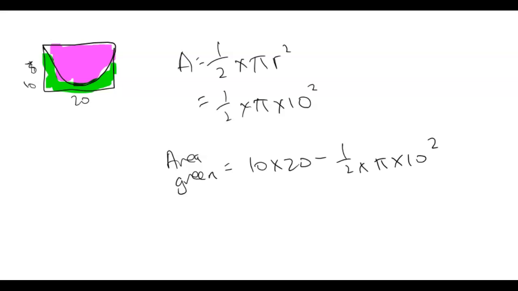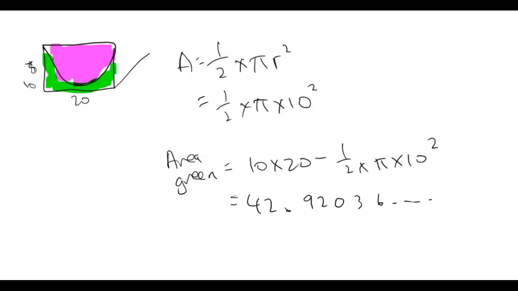All right, so then just do that on the calculator. Minus half times pi times 10 squared. So I get 42.9203, and so on.